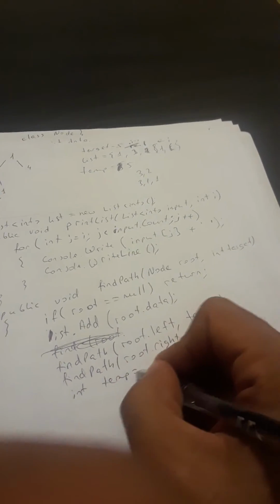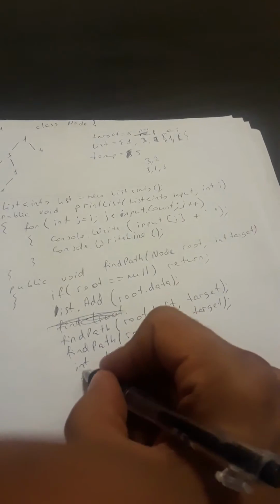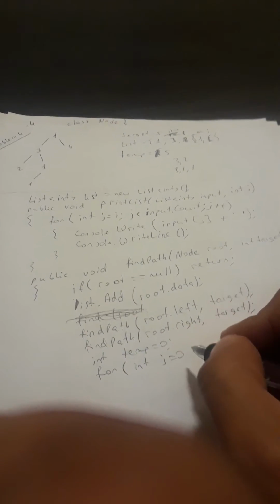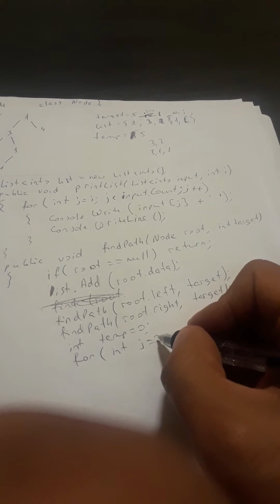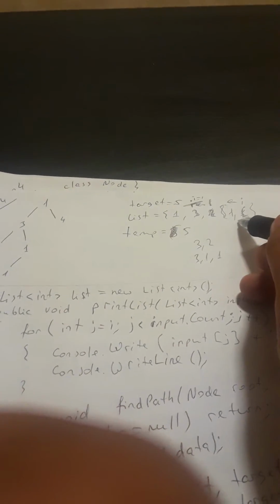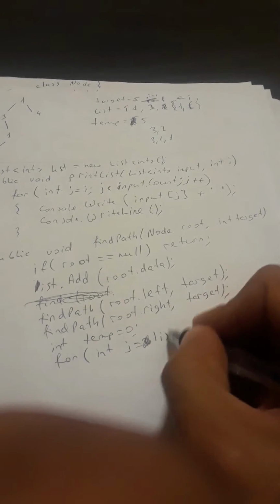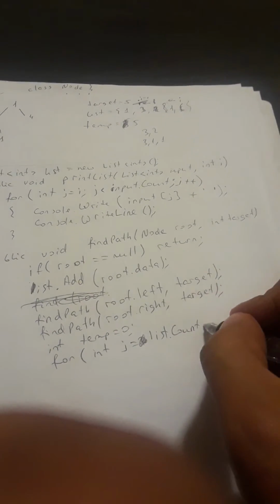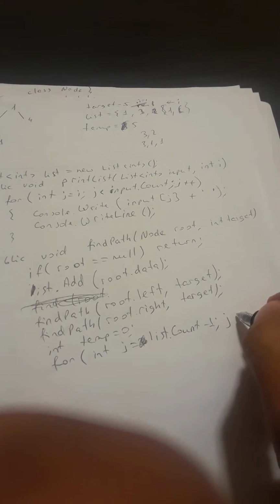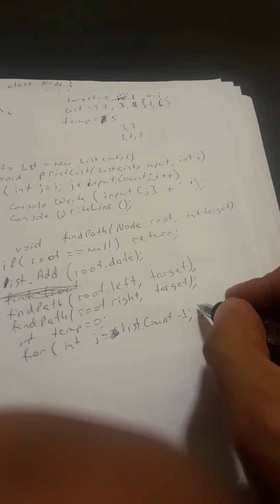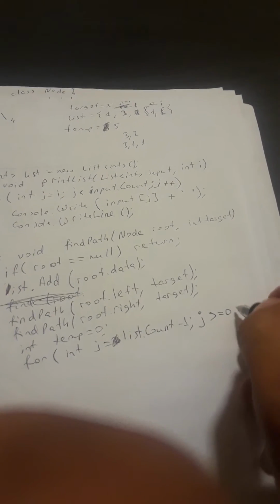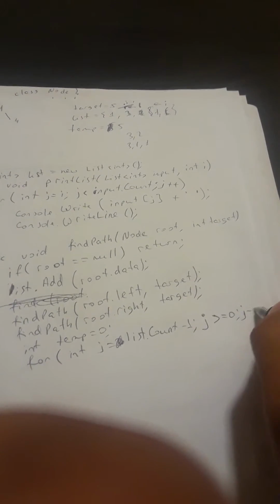Then I will declare a temporary variable, and then I will initialize a for loop with j equal to, not 0, but the last element of the list, because we'll be moving from the last element to the left in the list, so it will be list count minus 1, and it will continue until j is not negative, decrementing each time.